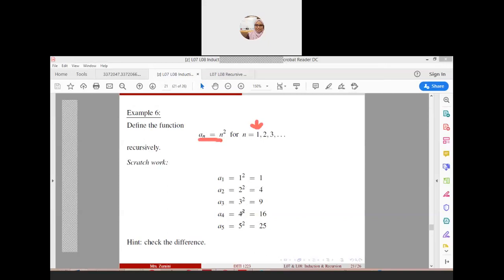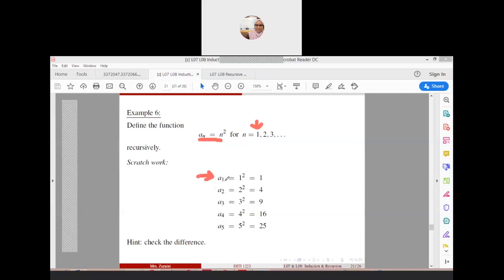Then a4 is equal to 4 square, which is 16. Then a5 is equal to 5 square, which is 25. Okay, from here, same as previous, we have to find the difference. So this will become our basis step.